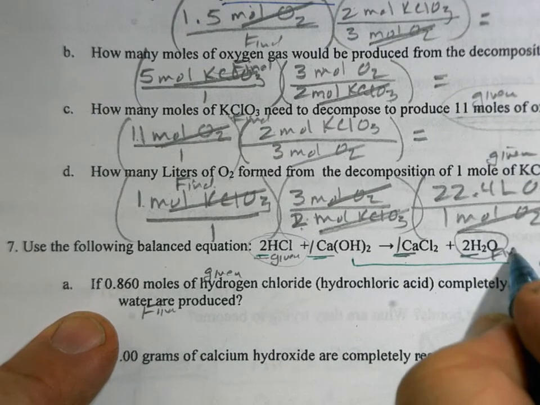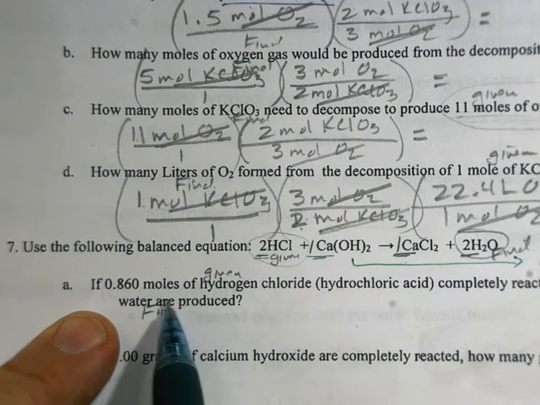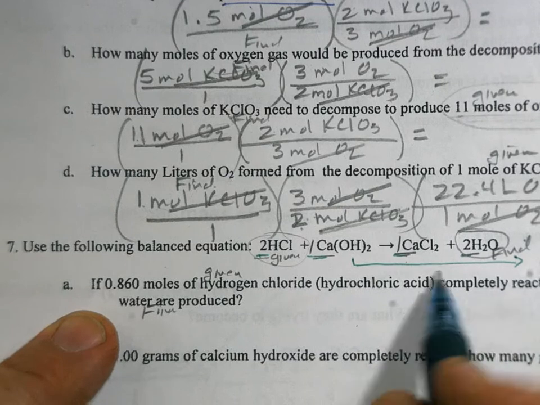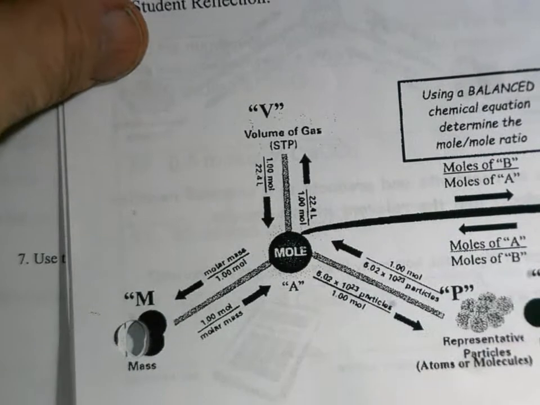This is our find. So in this problem, we're going to be starting with moles of HCl, and we're going to be trying to find water. Hopefully you've got your summary page set up with an MVP triangle.